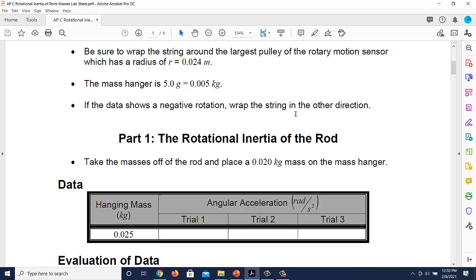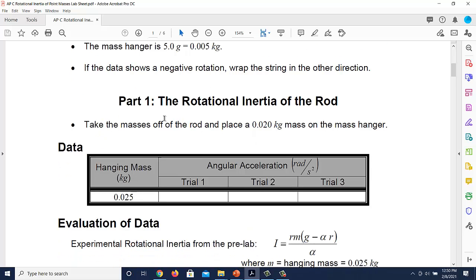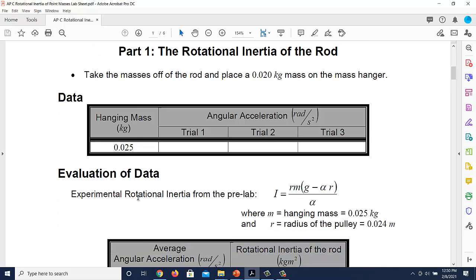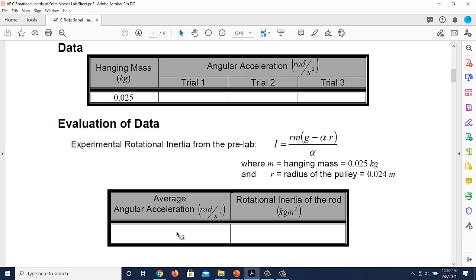So, in this part, you're going to take the masses off the rod, unscrew them, move them off to the side. You're going to place only 20 grams, 0.020 kilograms, on the mass hanger for a total hanging mass of 0.025 kilograms. You're then going to measure the angular acceleration 3 times, take an average, and use our big honkin' equation we just derived to calculate the rotational inertia of just the rod.